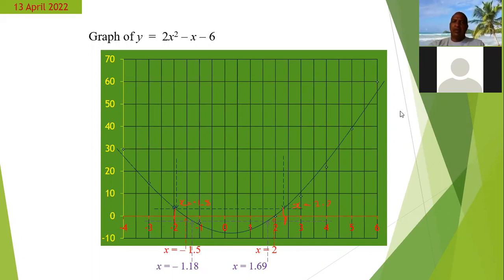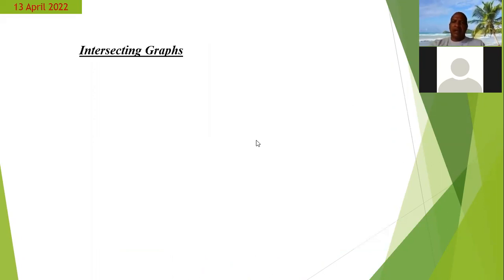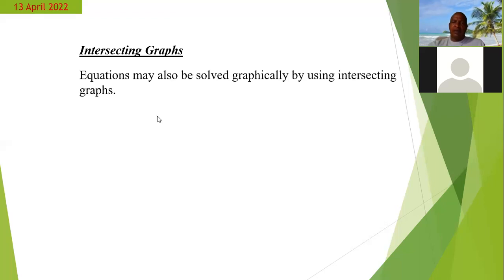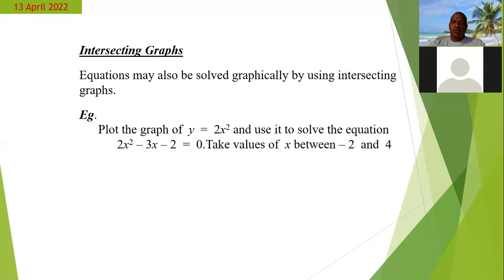All right, now intersecting graph. Now the intersecting graph is another way that we can use to solve a quadratic curve. What will happen is that we will get two graphs. We'll get one equation, but we'll break it up into 2 parts, right?